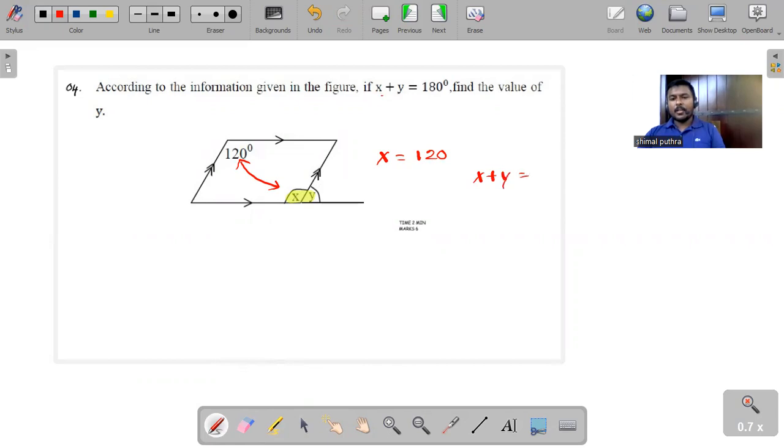It's clearly mentioned here also. X is equal to 120, plus y is equal to 180. So y should be equal to 180 minus 120. Y should be equal to 60. That is the answer. Okay, copy your answer quickly. Use the video and copy your answer.